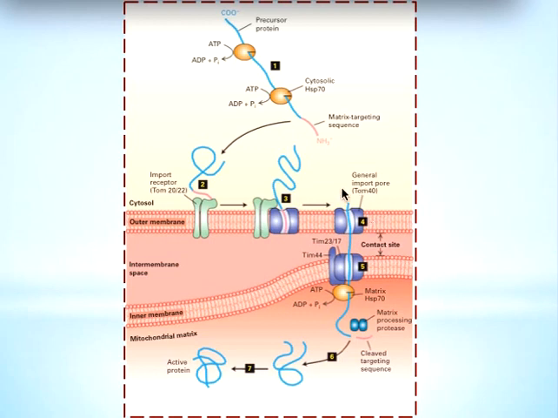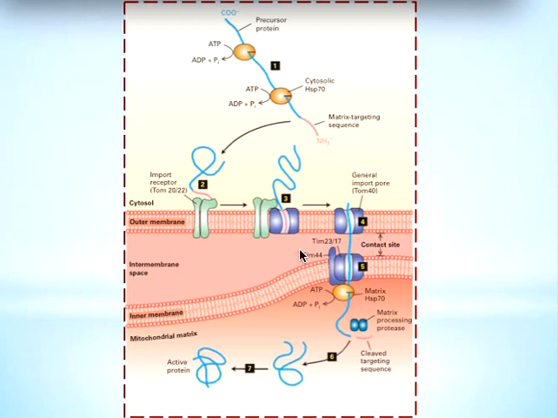Now you see, at this particular position the inner membrane and the outer membrane tend to touch each other. That means there are certain rare contact sites at mitochondria where the inner membrane tends to touch the outer membrane. So this polypeptide can easily be channeled through the TIM44, right?